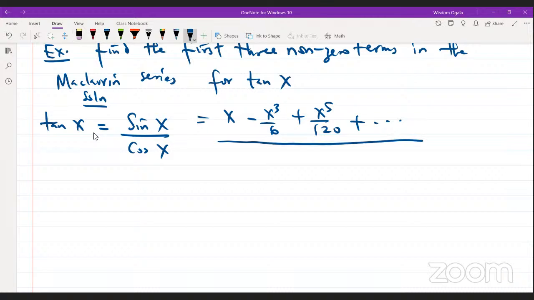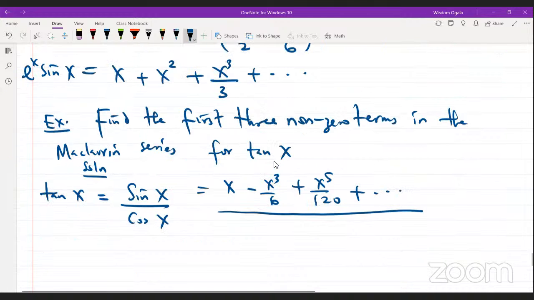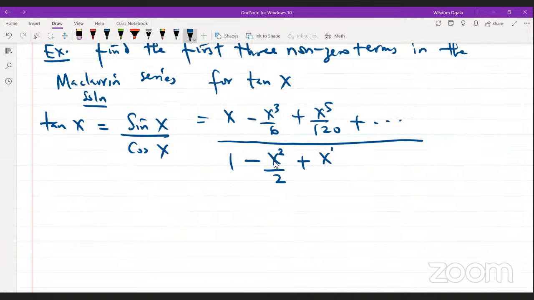Let's flip back a little bit. This is 1 minus x squared over 2 plus x to the 4th over 24. I can keep going. So how do you divide these? We really have to go back to long division.